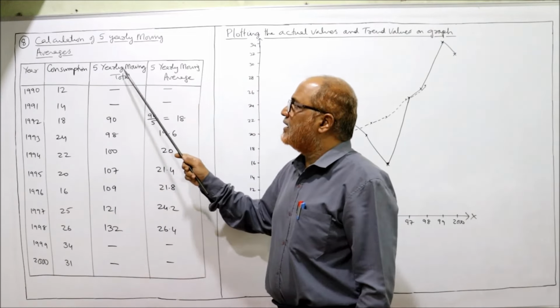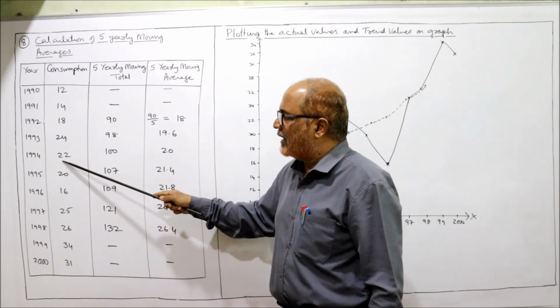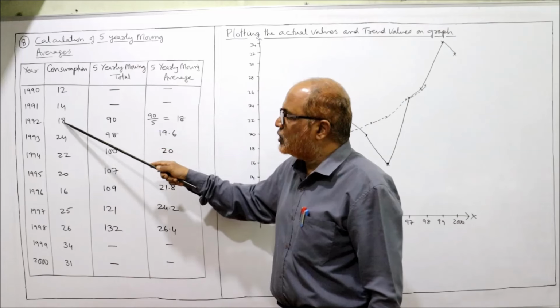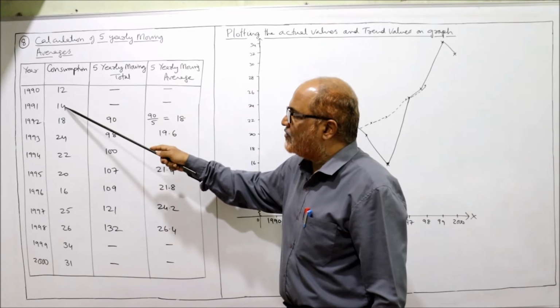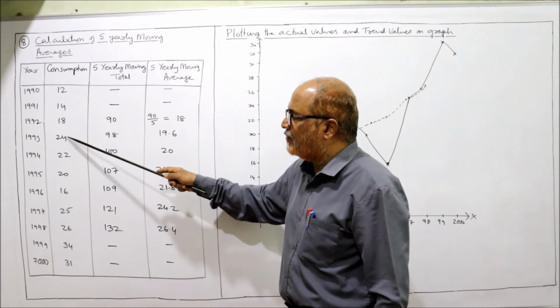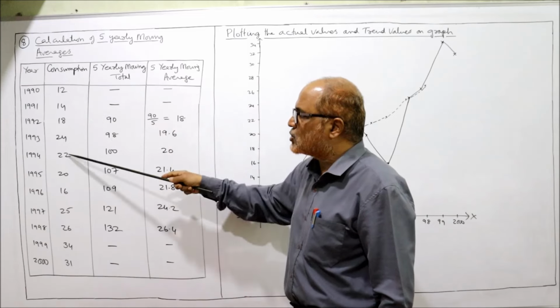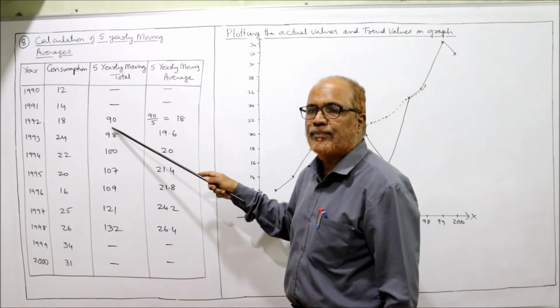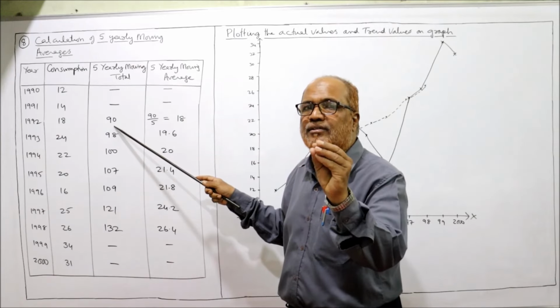Now 5 yearly moving total. 1, 2, 3, 4, 5. So you add up 12 plus 14 plus 18 plus 24 plus 22. The total of the first 5 years comes to 90. So this 90 will be written in the center of the 5 years.